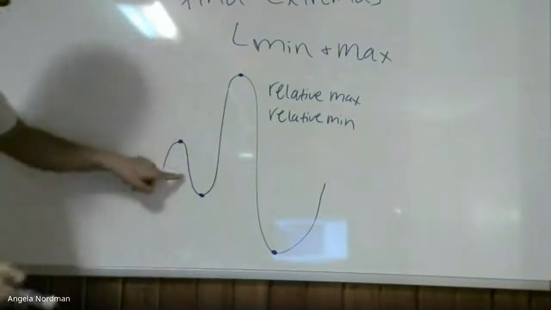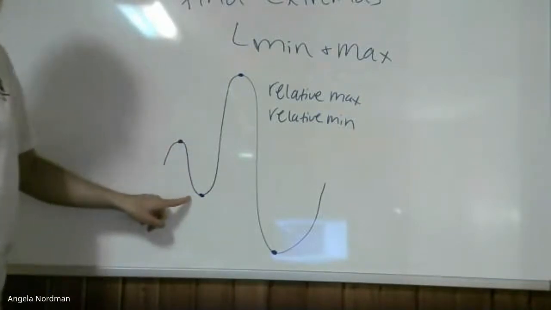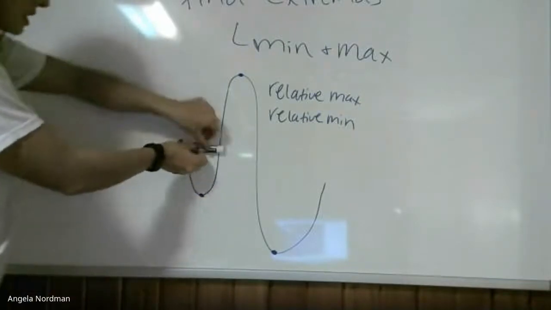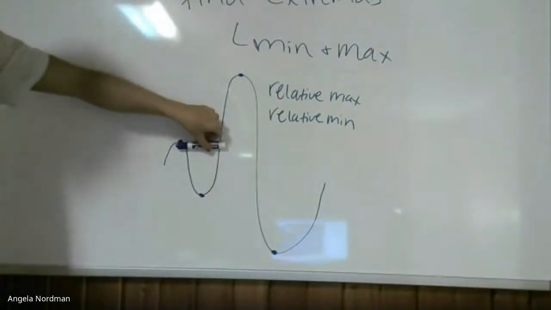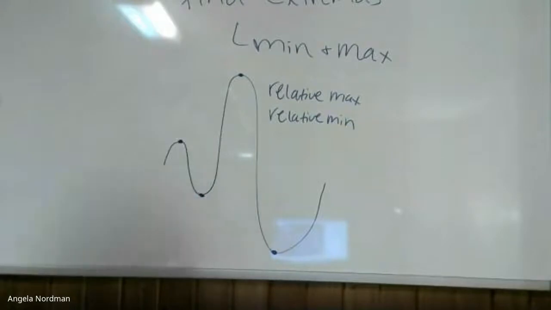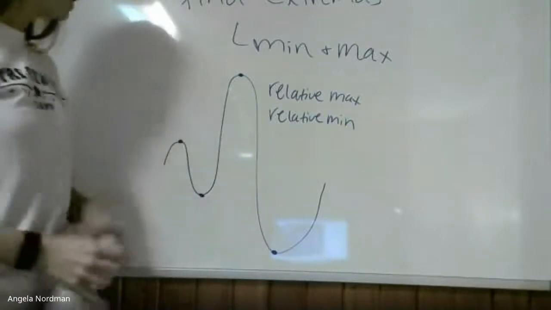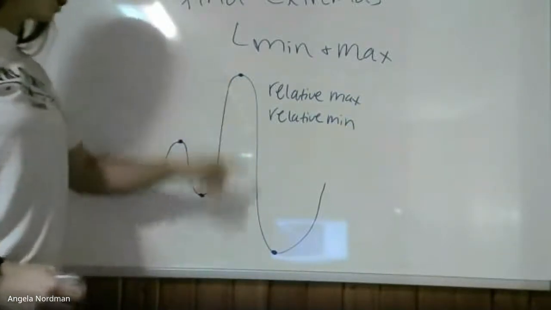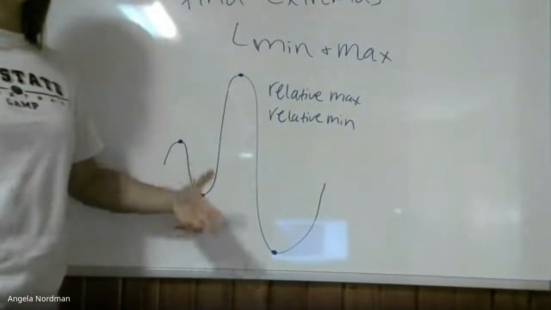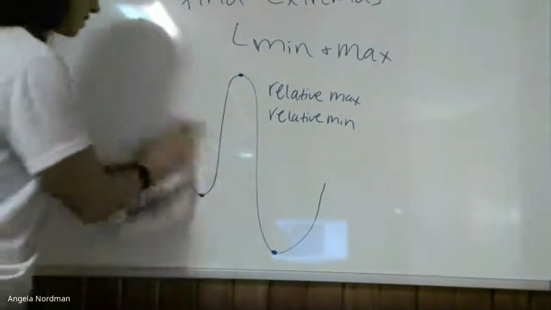Same thing here. It may not be my lowest point of my entire graph, but relative to the points around it, it is the lowest point of those. Okay, so our task is to find what these points are. We call those our extrema, or those relative maximums and minimums.